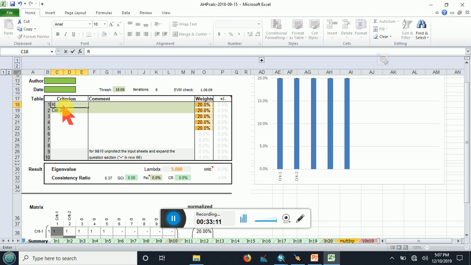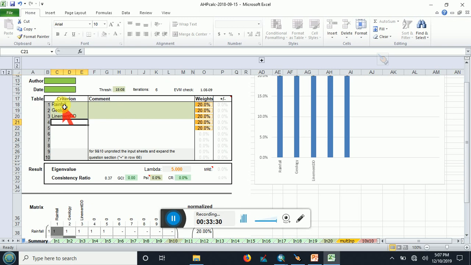The first criteria is rainfall, so you have to write it there. Maybe the second criteria is geology, and the other one maybe you can write alignment density, and similarly you can write slope, and the last one might be what?